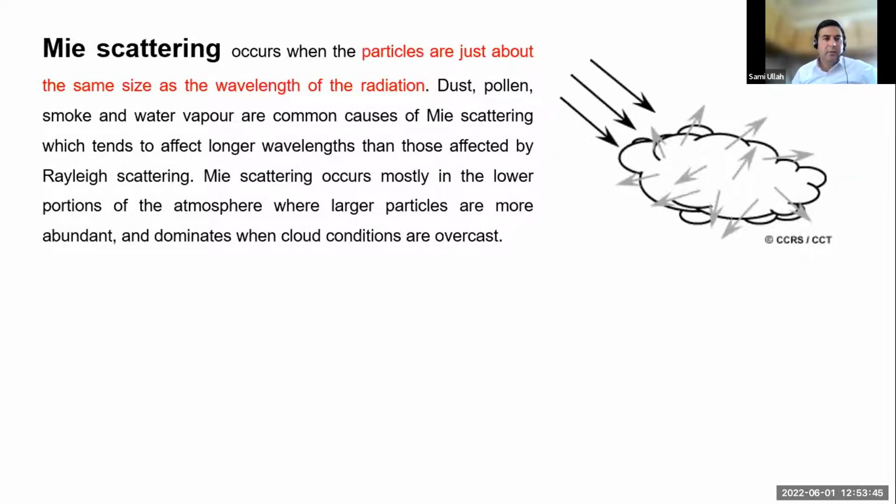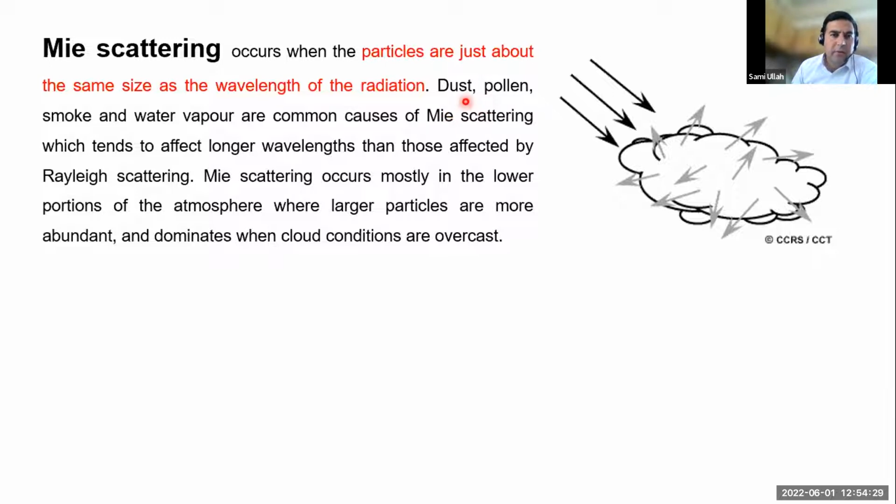The second type is Mie scattering. Mie scattering occurs when particles are just about the same size as the wavelength of the radiation. For example, dust, pollen, smoke, and water vapor are common causes of Mie scattering, which tends to affect longer wavelengths than those affected by Rayleigh scattering. In Rayleigh scattering the particle size was smaller, and here in Mie scattering the particle size is about the same as the wavelength of the radiation.